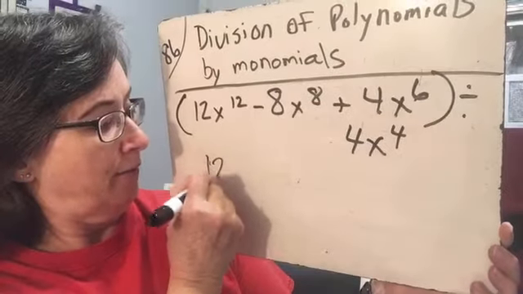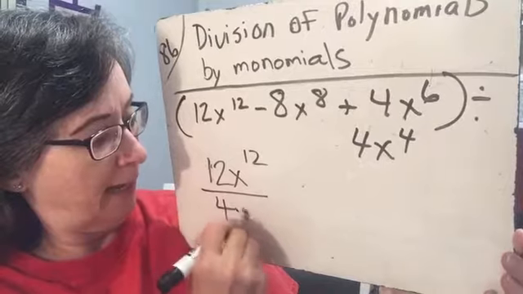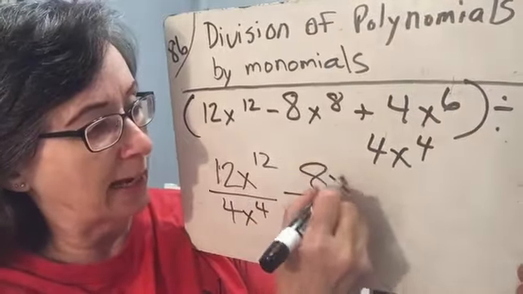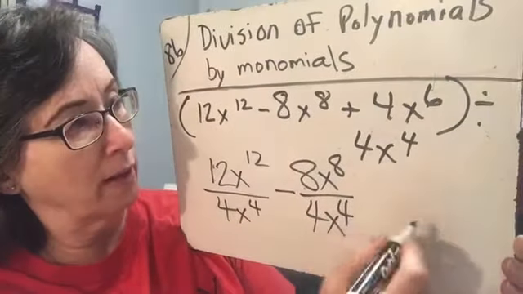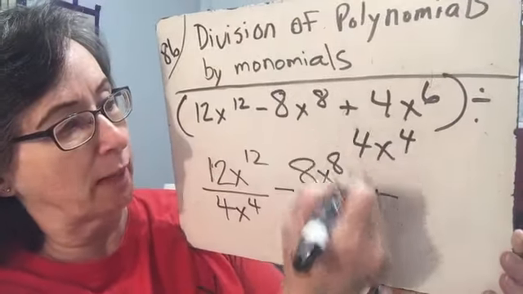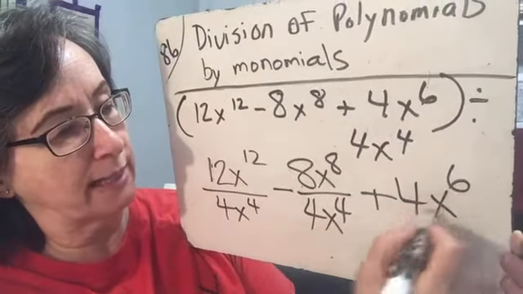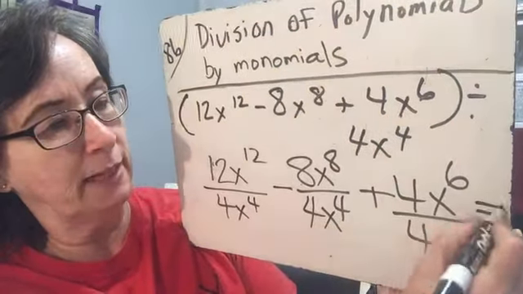So 12x to the 12th divided by 4x to the 4th minus 8x to the 8th over 4x to the 4th plus, remember, I'm just keeping the sign, 4x to the 6th divided by 4x to the 4th equals.